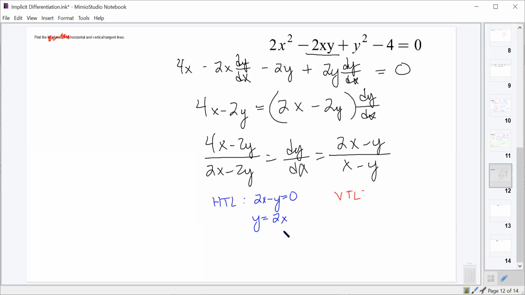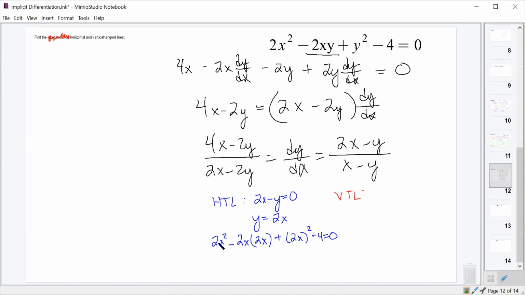Do you substitute into your original equation? Yeah, we're going to take this y equals 2x and substitute it up here into our original equation. Now that'll tell us at what values of x this is true. So if y is 2x, we'll have 2x squared minus 2x times y, which is 2x, plus 2x squared minus 4 equals 0.